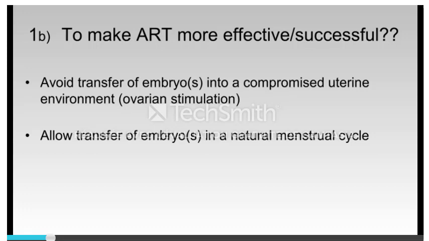I think it's quite clear from the data we've seen, some of it from Australia, some of it from other parts of the world, from large data sets and national databases, that perinatal outcomes are now clearly better when embryos are transferred after cryopreservation. It's certainly not that cryopreservation improves the embryos, but it allows them to go back into a more normal uterine environment at the time of implantation. Whether it can also result in increased success in establishing a pregnancy is something that we need to wait and have solid evidence around. But it's certainly an exciting prospect going forward that that may be the case.